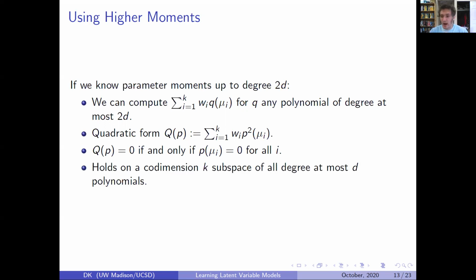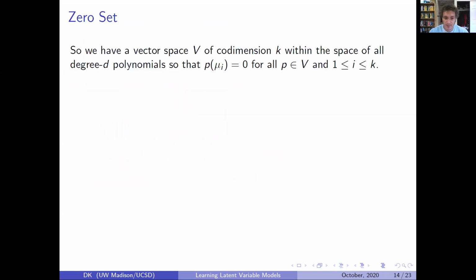Now, each mu_i gives only a linear constraint on these P's, so this holds on a subspace of codimension at most K of the space of all degree D polynomials. And so we need to figure out what we're going to do with this. What we have is a vector space V of codimension K within the space of all degree D polynomials, such that P of mu_i is 0 for every polynomial in V and every one of our sample means.